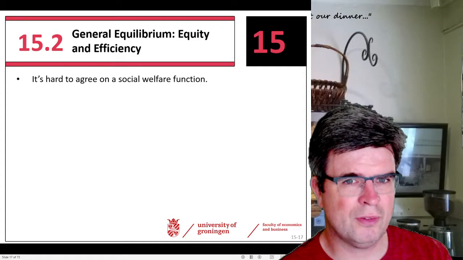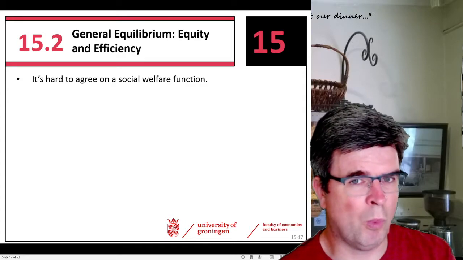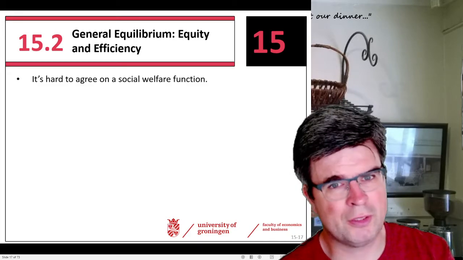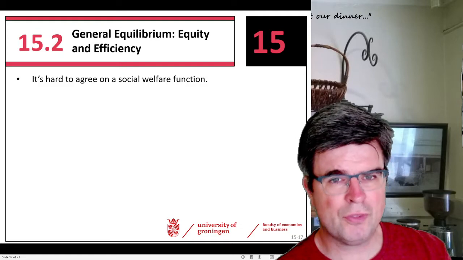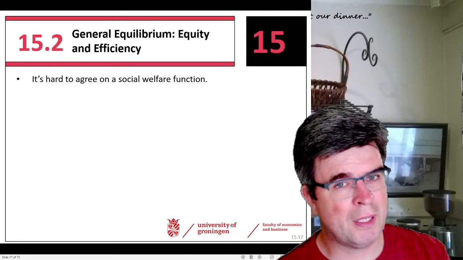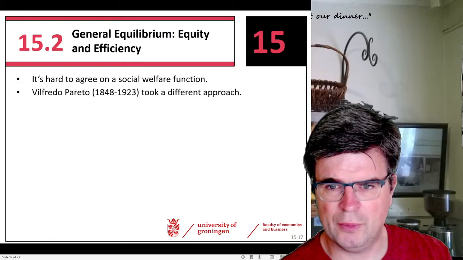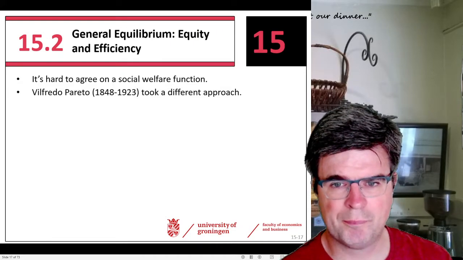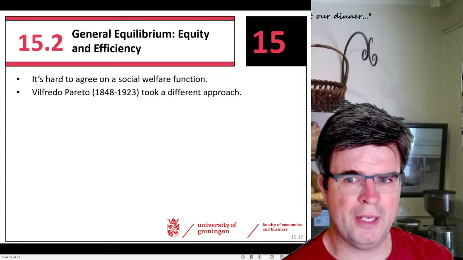And you can imagine that the Rawlsian approach resonates more with some political parties than with others. Other political parties may have different social welfare functions in mind, either explicitly or implicitly. And that's very hard to agree on the right one. Is there a way out? Yes, there is a way out.